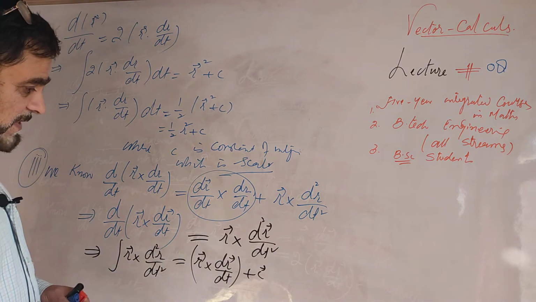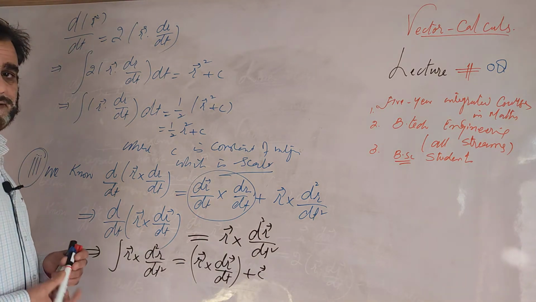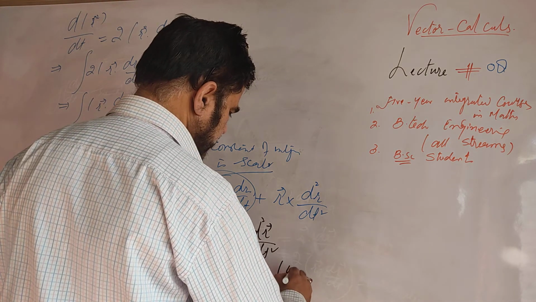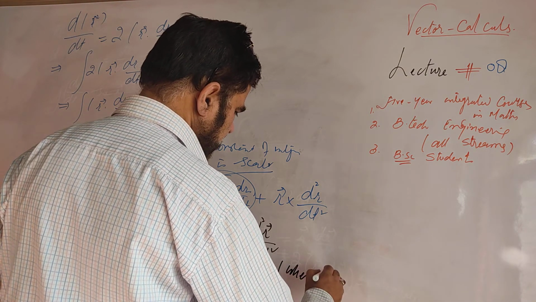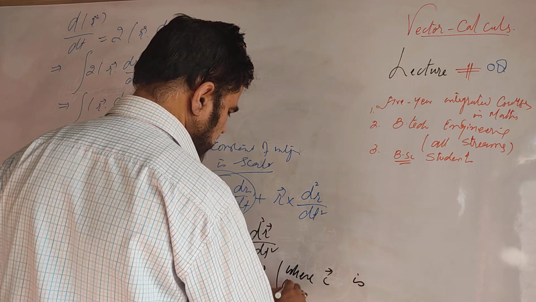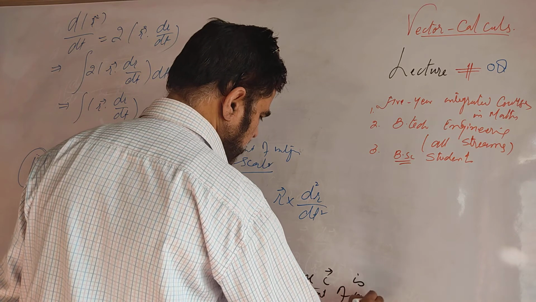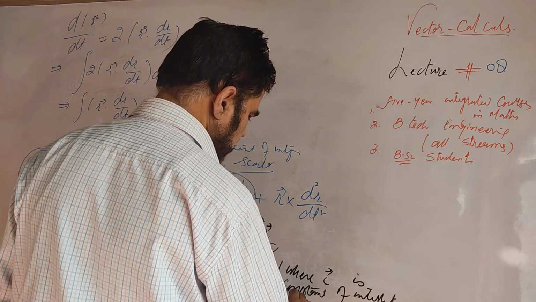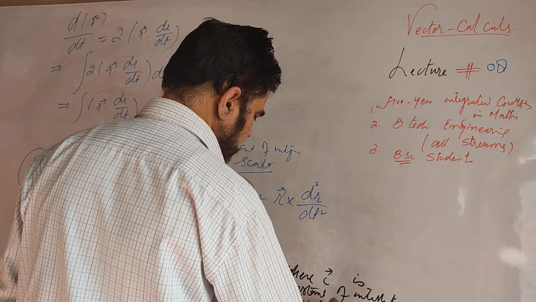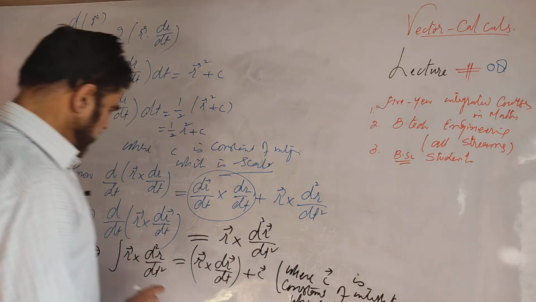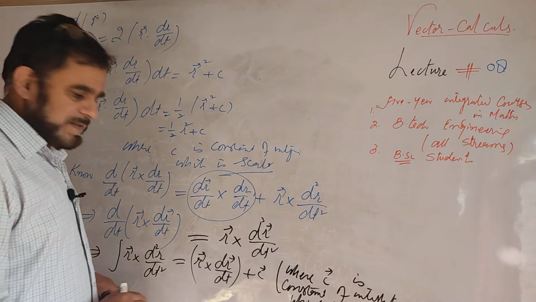What is here C? C will be a vector, not a scalar, where C is the constant of integration, which is a vector. Why is it a vector? Because our integrand is a vector.